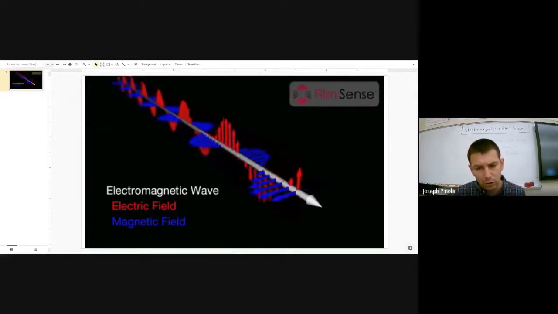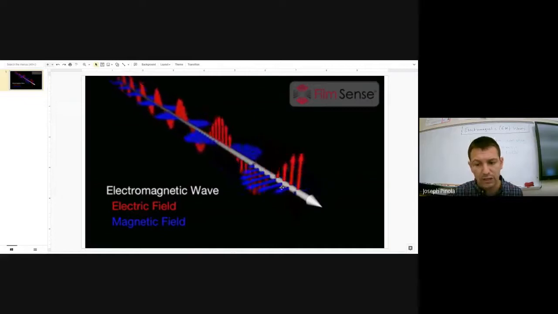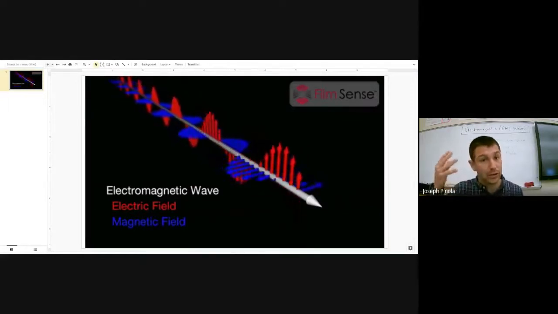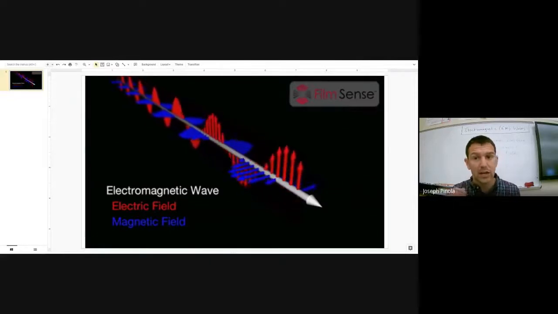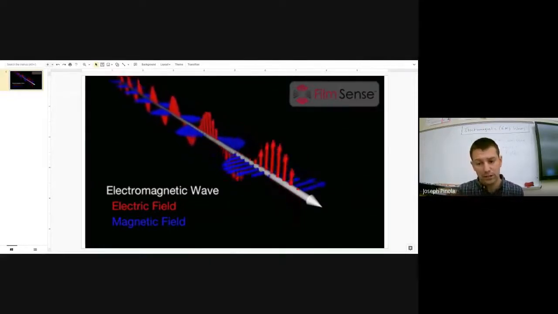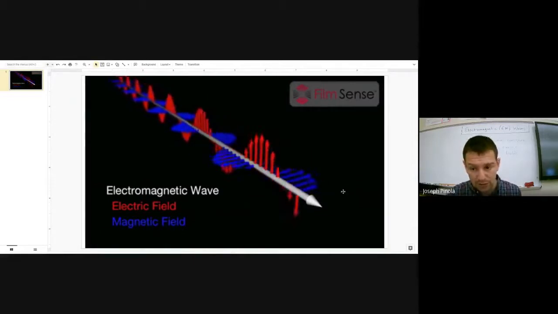Notice if you look closely, and specifically if you look at the end of the wave, closer towards where the arrow is, that whenever the red part of the wave goes up, so whenever the electric field increases, the magnetic field decreases. And also, whenever the blue or magnetic field increases, the electric field, or the red part, decreases. This is really easy to see again if you focus on the very end of the wave.